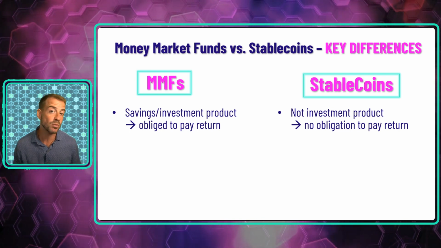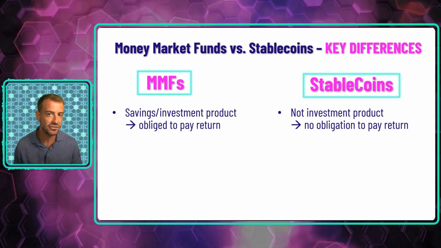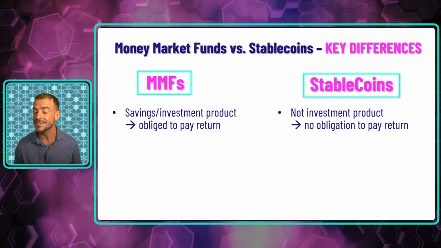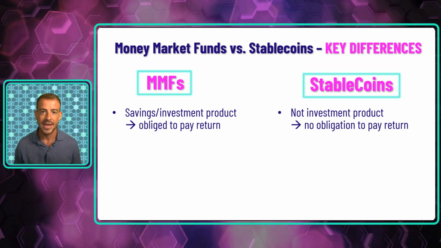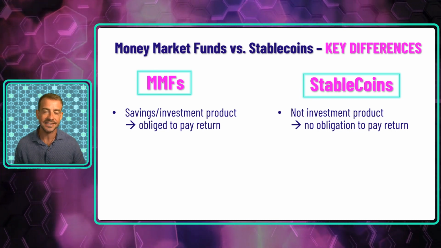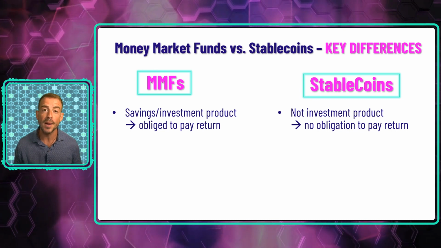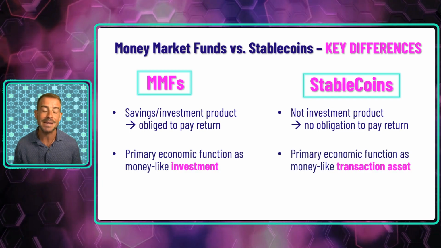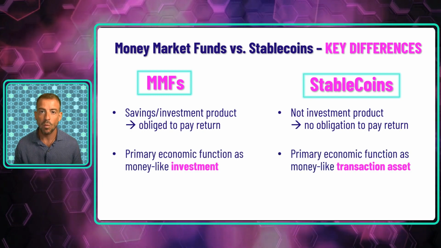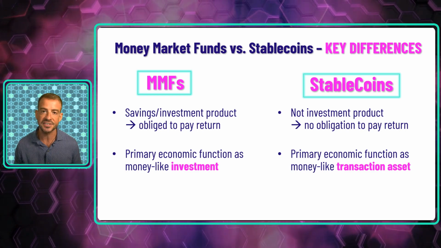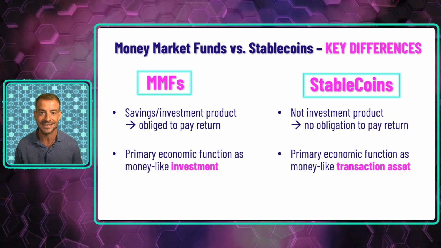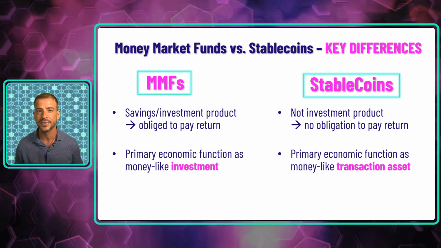But that means that any returns generated from the management of assets held in stablecoin reserves all go back to the stablecoin issuer. Anyway, let's restate this in slightly different terms. The primary economic function of money market funds is to provide a money-like investment, while the primary economic function of stablecoins is to offer a money-like transaction asset natively on blockchains.